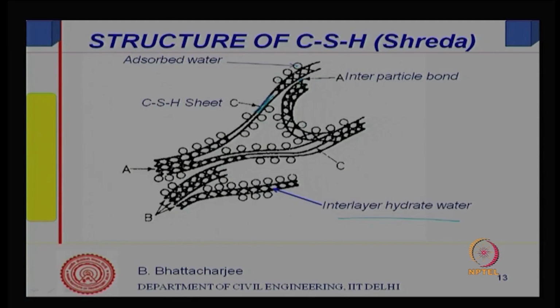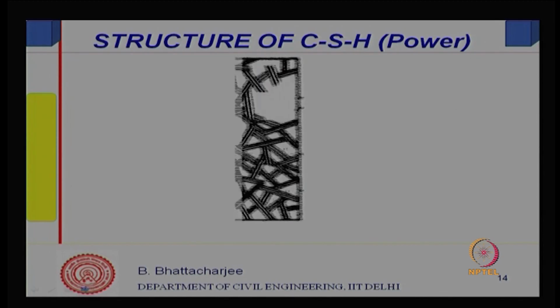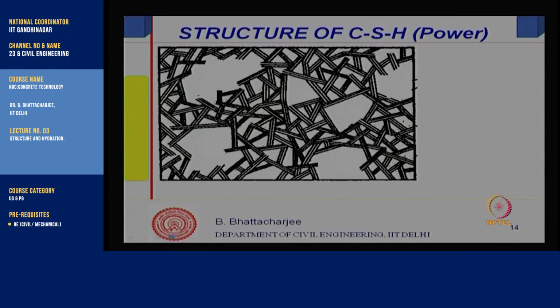So, these are all interlayer water; adsorbed water is here, these are the layers, and within the layer there is interlayer water. So, interparticle bond is here, adsorbed water, CHS sheet, A is this interlayer water, and B is interlayer hydrate water. So, this is another model, and this is the model proposed by Power.